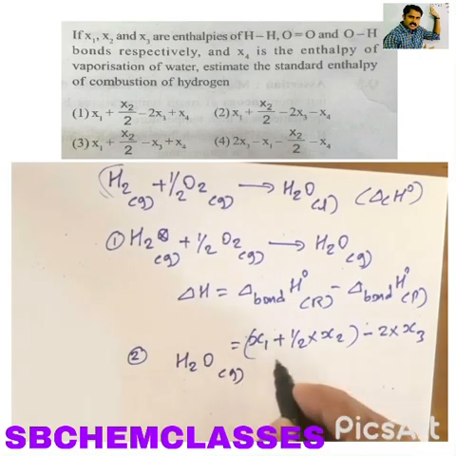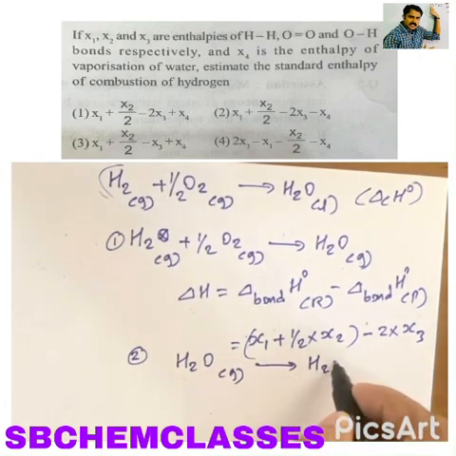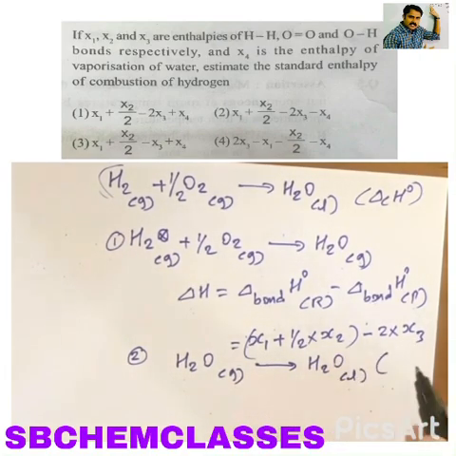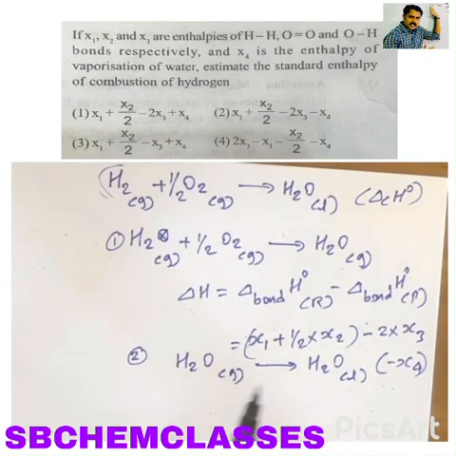H2O gas is converted to H2O liquid. Its enthalpy will be minus x4. Why? Enthalpy of vaporization means H2O liquid is converted to H2O gas. Now we want to convert H2O gas to H2O liquid. So I give opposite sign.